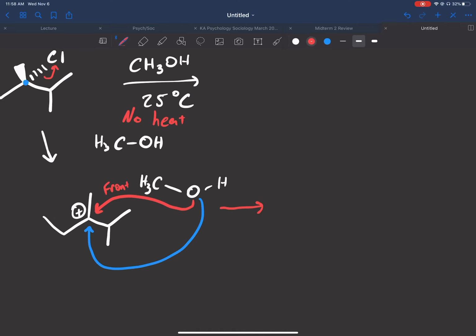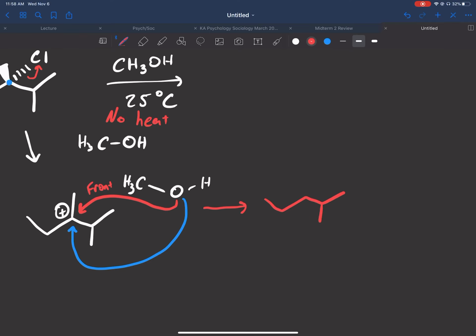So I'll draw the one in red. Right? So if it came in from the front, you can say it's going to be wedged. Now I just assigned the wedge to front. I mean, it's up to you. The key thing is that you know that there can be two products. And the methyl and the dashed methyl over there. And remember, this oxygen has a plus charge now.